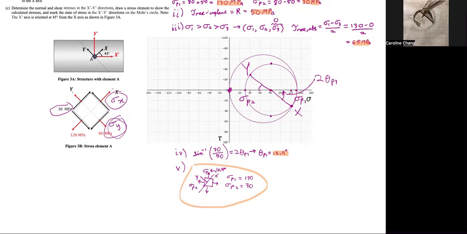So for part C, we are asked to find the normal and shear stresses in the x prime, y prime direction and draw the stress element to show the calculated stresses. For this problem, it's kind of the reverse of what we just did in part 5 of part B. First you have to note that we're twisting the XY stress element as we see over here, and we're going clockwise by 45 degrees to end up at y prime, x prime.